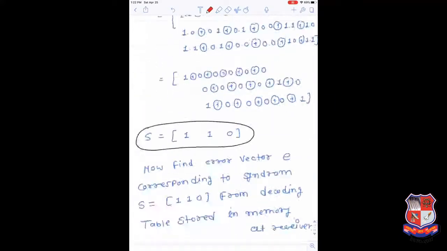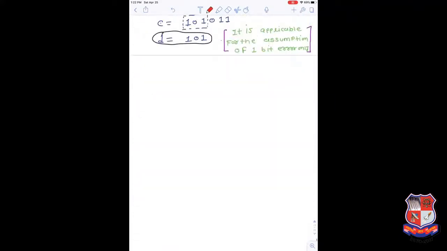So here, if I say the error vector E is simply known as E1, E2 up to En. Let's say n is equal to 6 for simplicity purpose. So we can take here the E is 6.